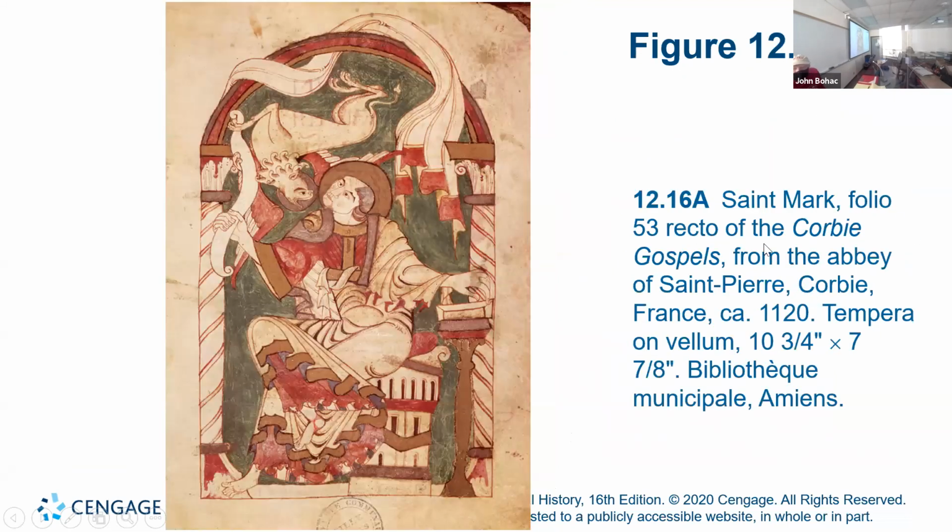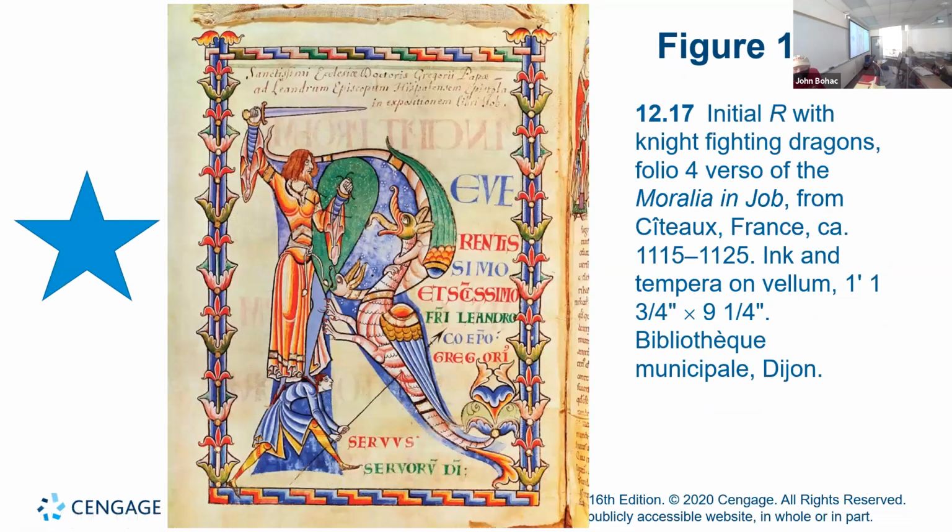And so the Corby Gospels, Knight Fighting Dragons. And so here is this, like I was saying, there was a whole other social system. And part of that social system was knights. This was the age of knighthood, as well as dukes and duchesses and lords and ladies and knights.